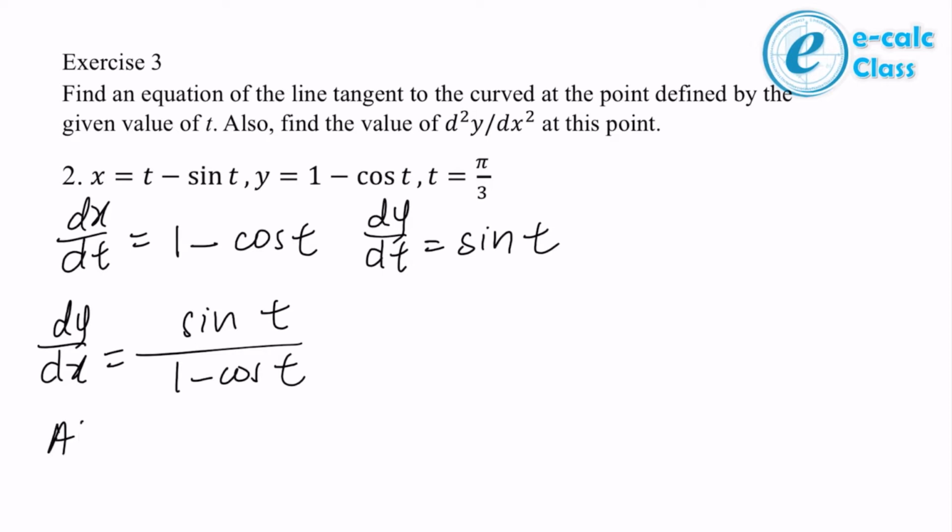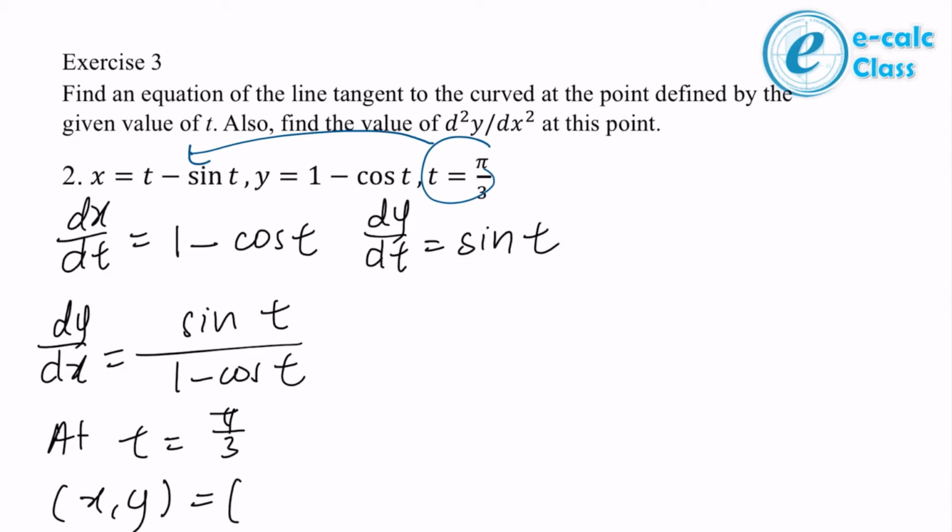Then at t equals pi over 3, your coordinate, okay, this one you put it here: pi over 3 minus sine pi over 3 is root 3 over 2.